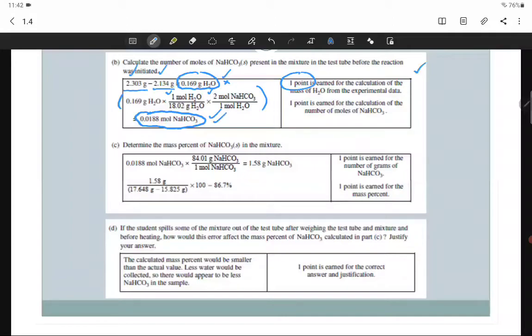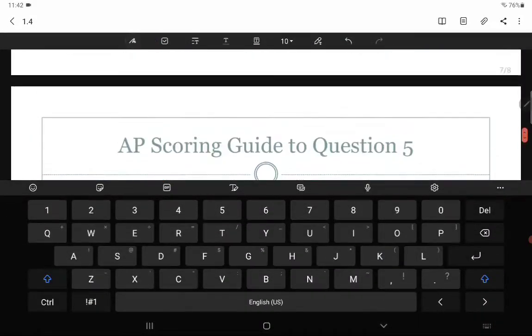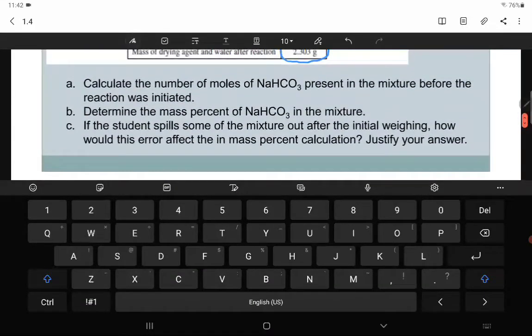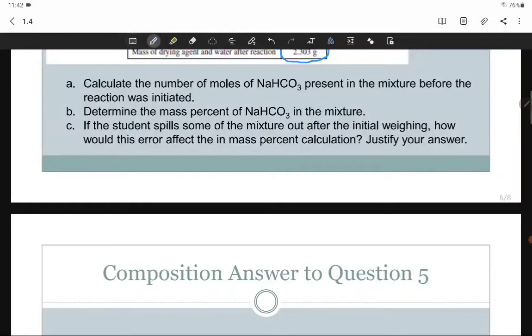Okay. So often we'll have to use B to do C. Not always, but sometimes you have to use C to do D. Okay, so it looks like we are going to do that. So let's go back to our original question. Determine the mass percent. So again, I had said that mass percent is always part divided by total times 100.